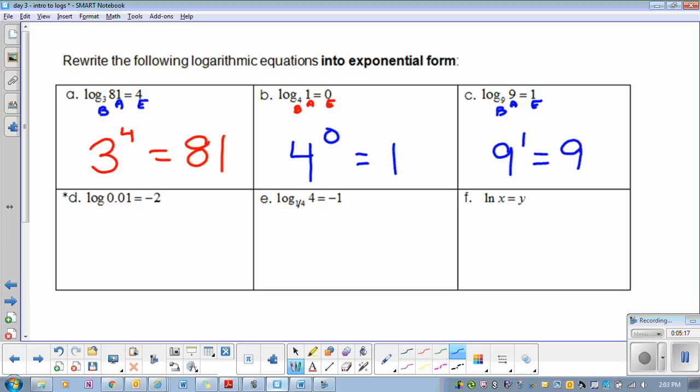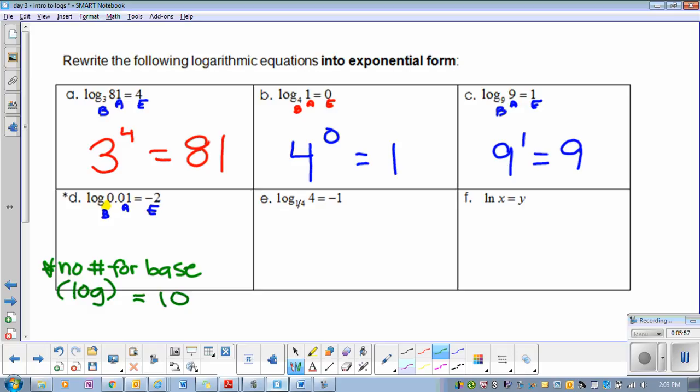I see that there's a log. It's supposed to be bae, but where's that little number for the b? It's not there. So I want you to write something: no number or base when you have log. So we'll just put log in parentheses equals 10.